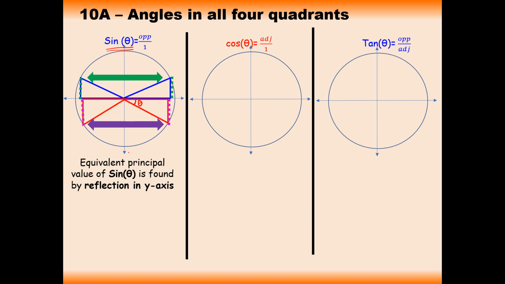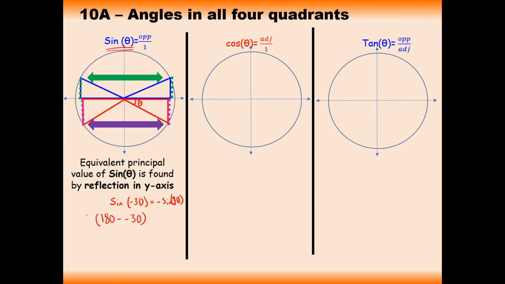For example, in the very last video, the last slide I showed you, sine of negative 30 is the same as negative sine of 30, and that is again sine of 180 minus negative 30.